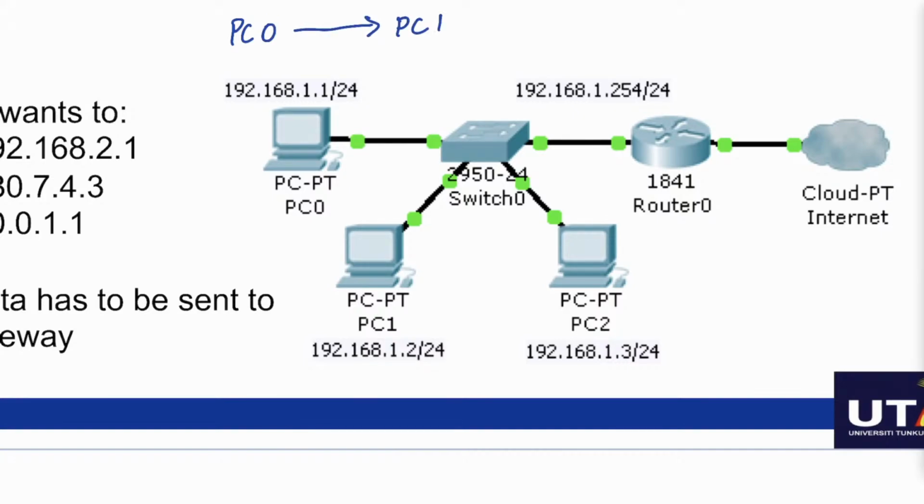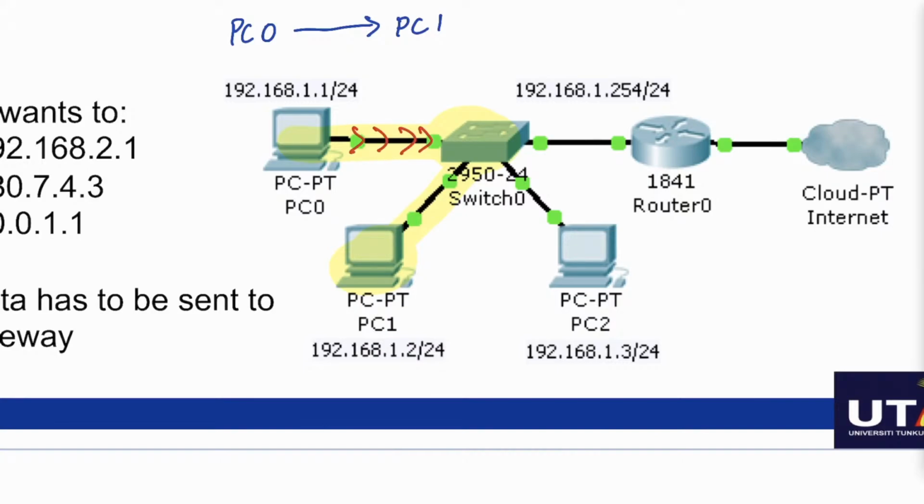In this case, no need for a router, because they are in the same network. When you send data to someone in the same LAN, the data will go to the switch directly and will not go to the router. So the data will go here, then to the switch, and from the switch to PC1 directly. So this is how it looks.